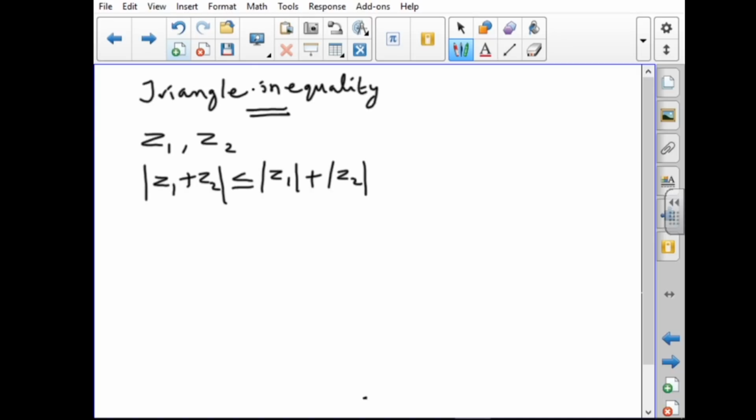This we can also state like this: the modulus of the sum of two complex numbers is always less than or equal to the sum of their moduli. I repeat once again, the modulus of the sum of two complex numbers is always less than or equal to the sum of their moduli. So, now we are going to prove this triangle inequality.